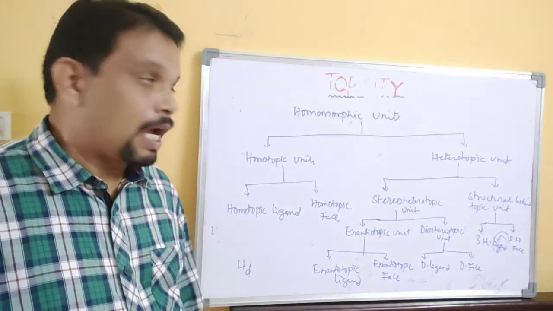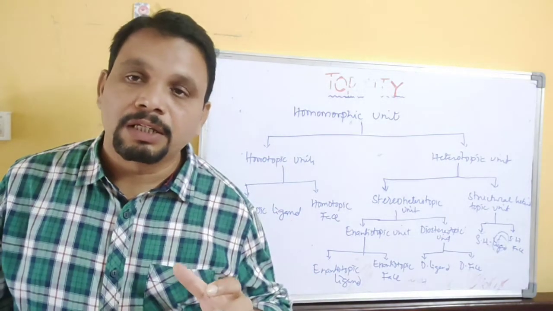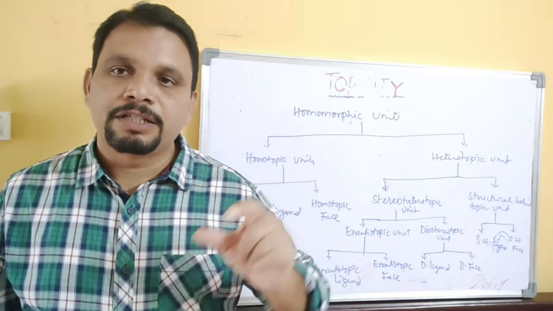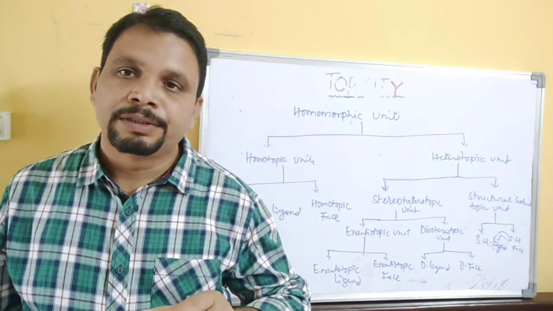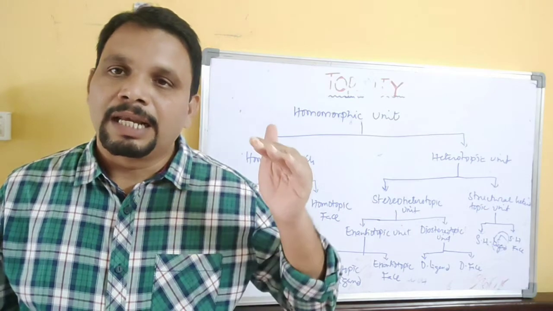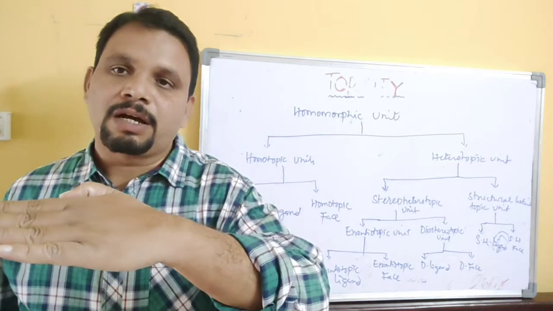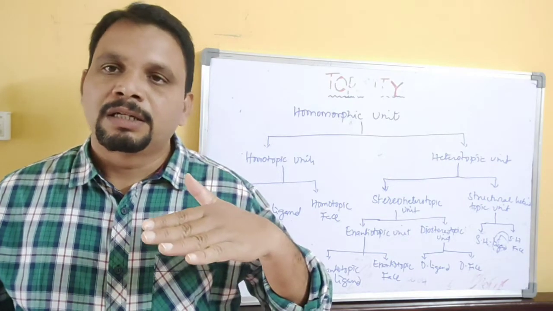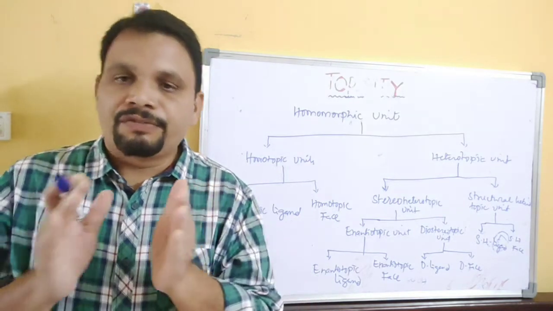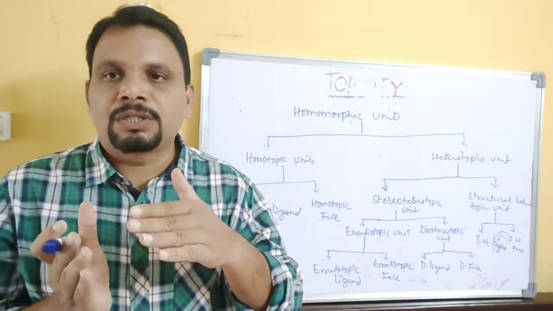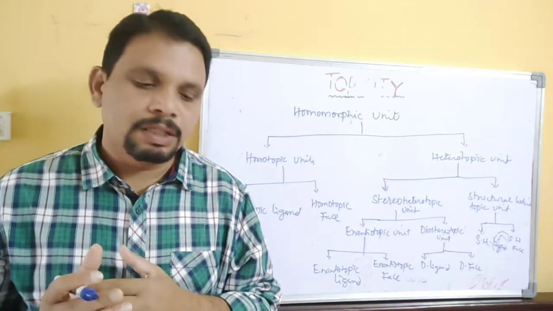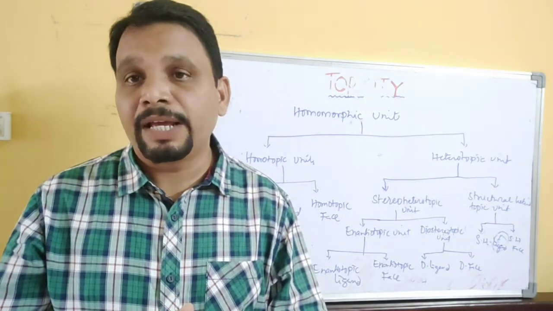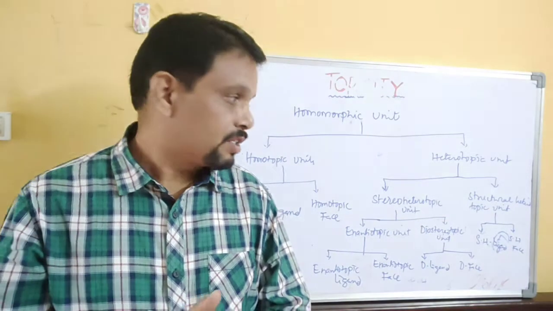As I said initially, a unit may be a ligand or a phase. Ligand may be considered as atoms or groups attached in that molecule, and phase means the different planes above or below, towards the viewer or away from the viewer. Phase can be considered like that.